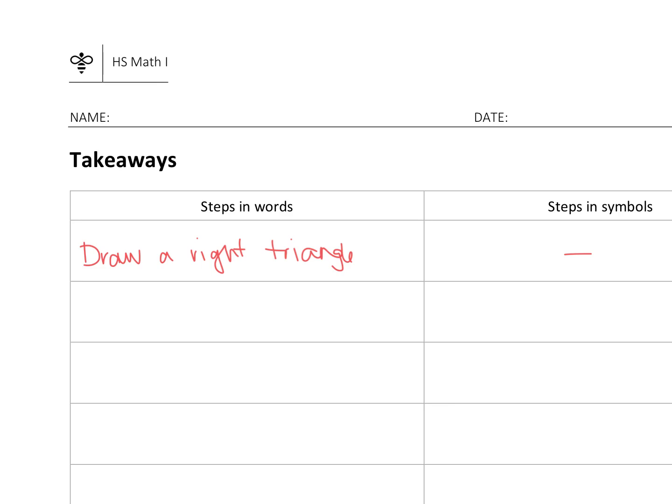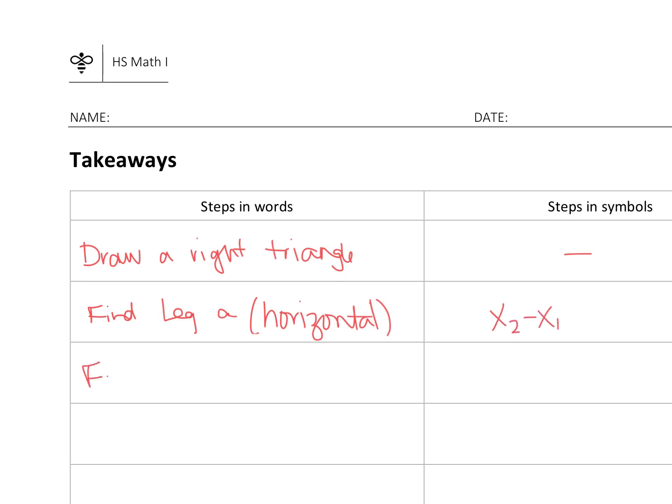And then once we draw our right triangle, we find our two legs. So find leg A, which I'm going to say is our horizontal leg. Horizontal, so that's going to be x2 minus x1.